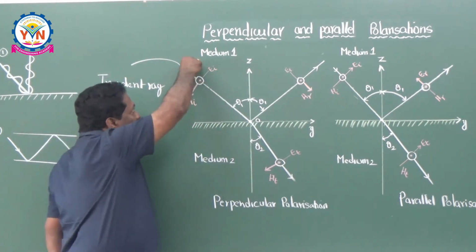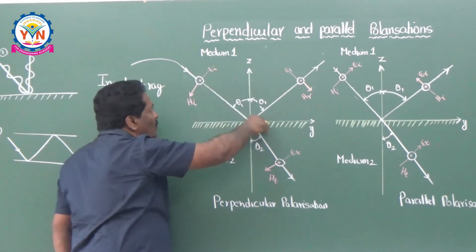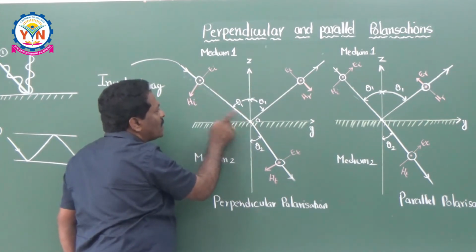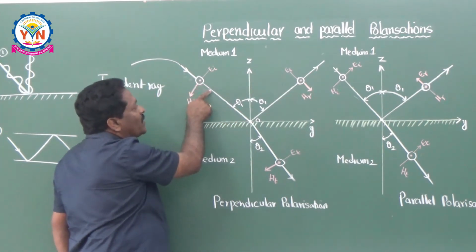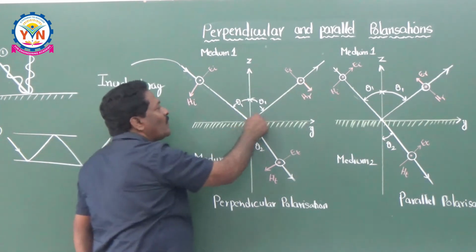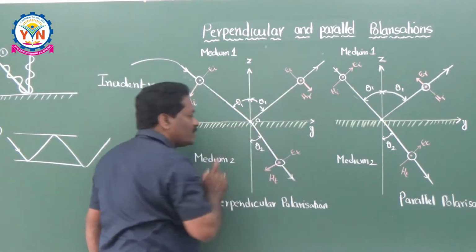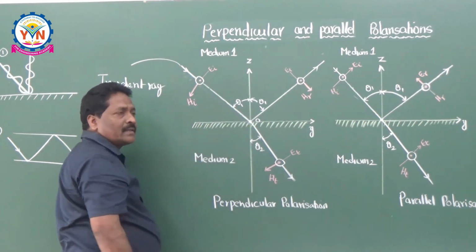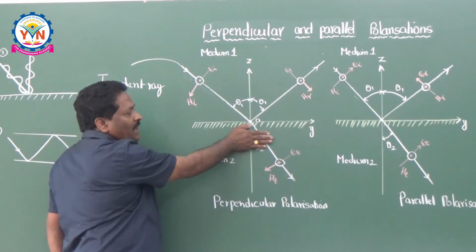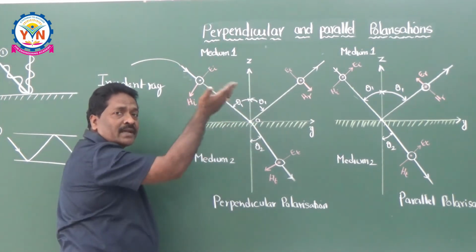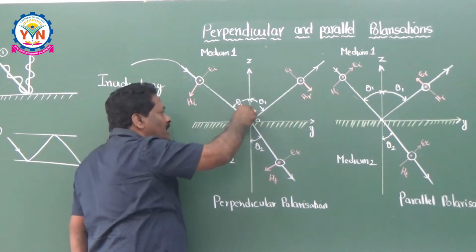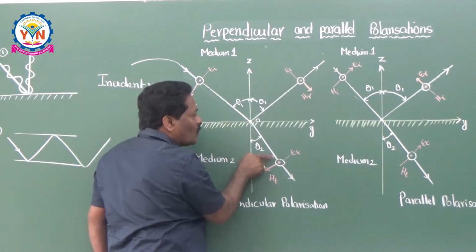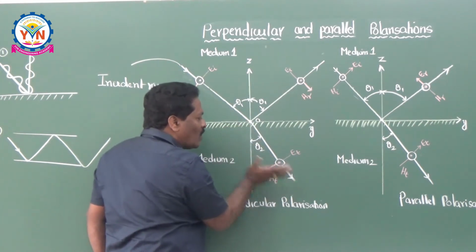Whenever the wave comes from medium 1 to medium 2 in the oblique direction and touches this boundary, the incident ray may be reflected and it may be refracted also, depending upon the medium properties and the boundary properties. If it is a perfect conductor, it always reflects electromagnetic energy, so all the incident energy is reflected. If it is not perfect, something will be refracted, something will be transmitted to medium 2 also.